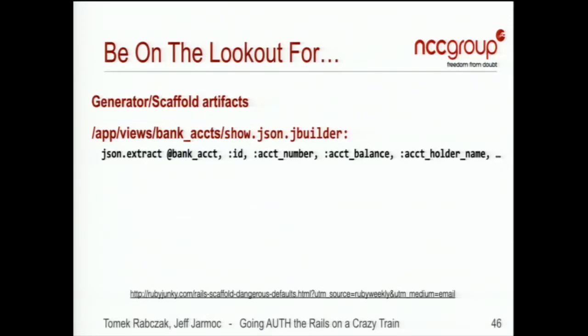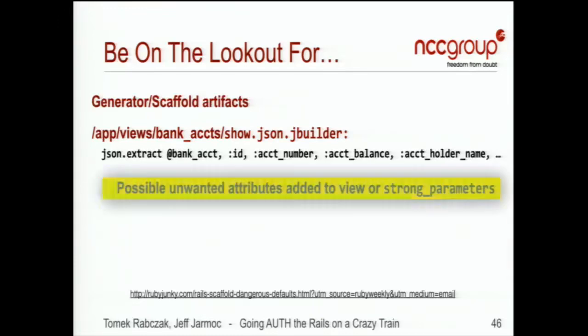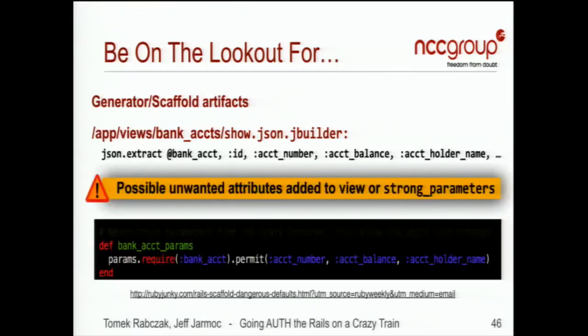So if you have any sensitive attributes on your model, they're going to get added and be available. That's something to look into. It also will add all those parameters to the permit method for mass assignment. So automatically, all of the attributes on the model that you specified are going to be mass assignable.